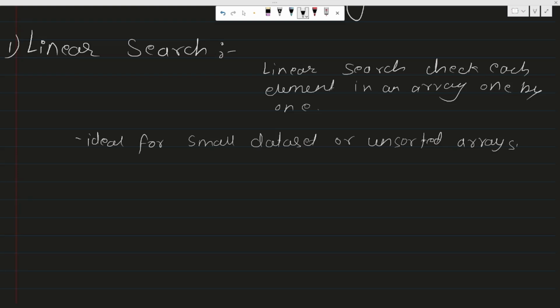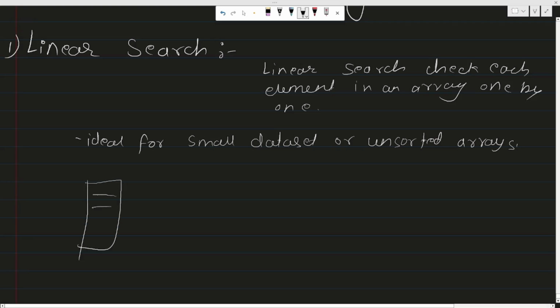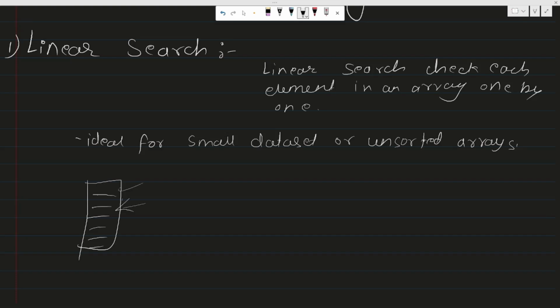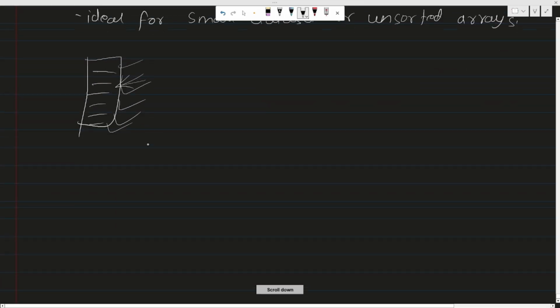Imagine you are searching for a friend's name in a printed contact list. If the list is not alphabetized, you go through each name sequentially until you find the one you are looking for, right? Like a list with number 1, 2, 3, 4, 5, and this is a hard copy, so you have to check one by one until you find that friend's name. This is what is meant by linear search.